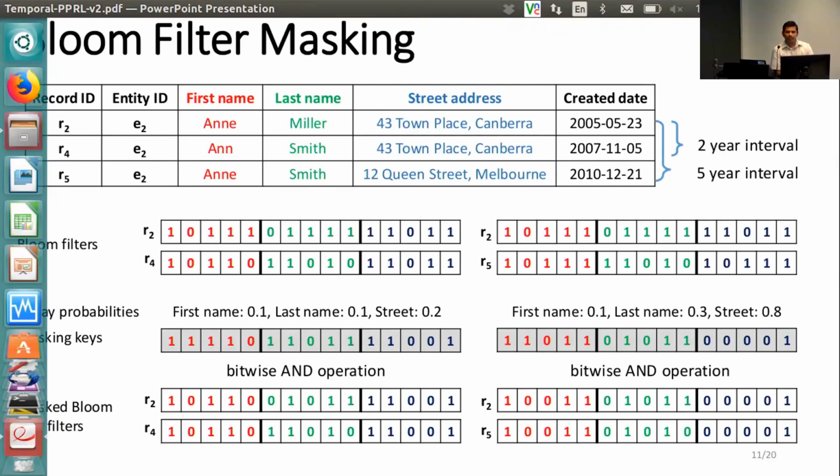So at the moment it's still in the discussion mode. We might come up with a much more accurate protocol in the near future. That is the difference: the transitive closure versus the pairwise.